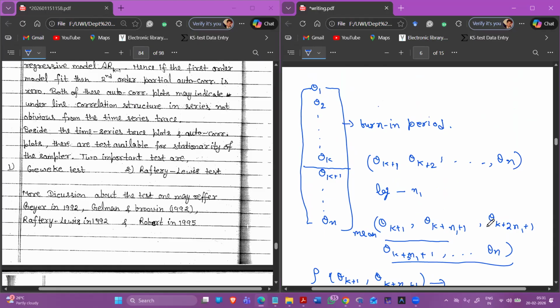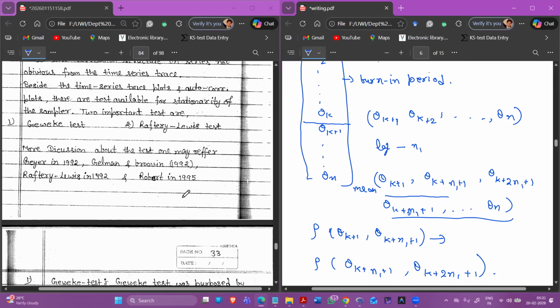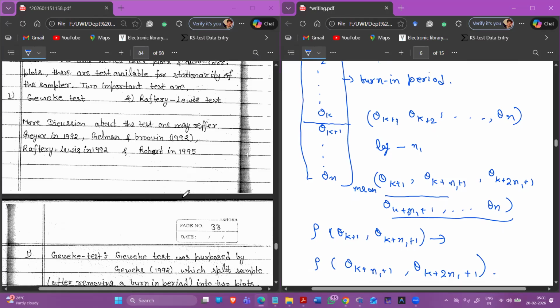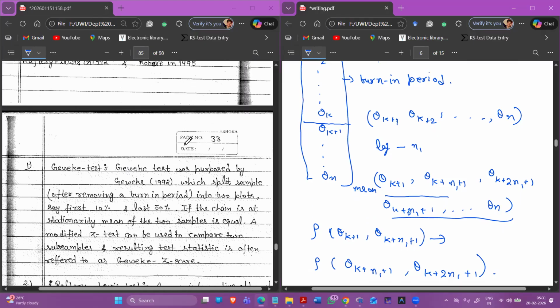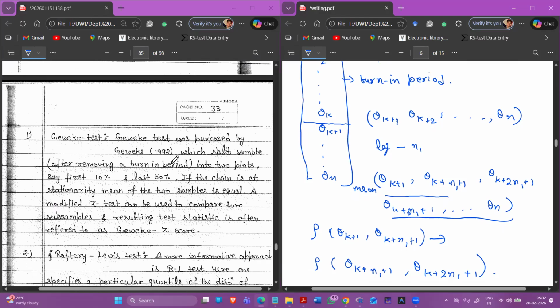We apply the test on these observations after burn-in and after taking the lag. The Geweke test was given by Geweke in 1992.